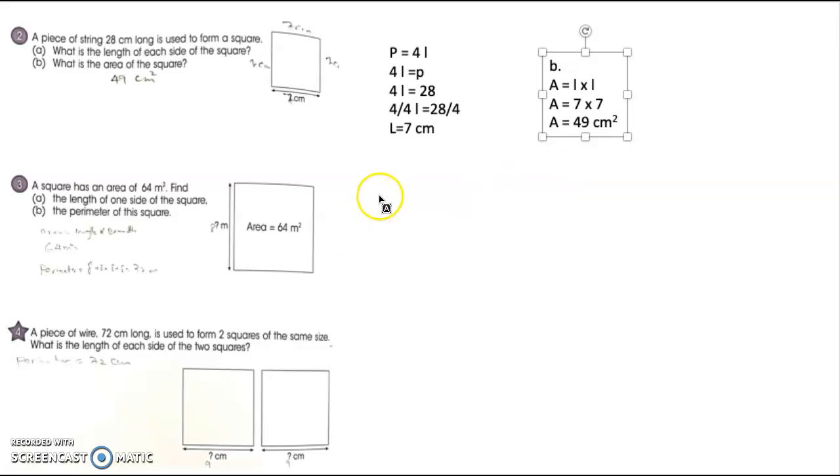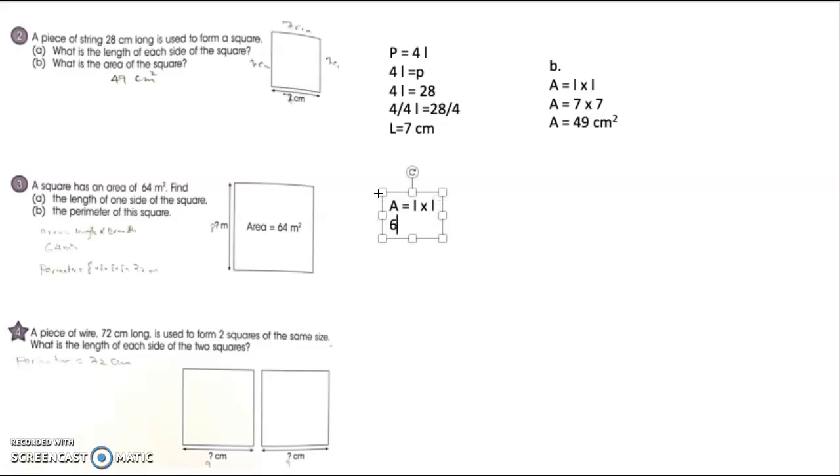Right, the square unit, because all the units in area are square units. Now look at this number. Let me do this one. Now a square has an area of 64 meters squared. Find the length of one side of the square and find the perimeter. Now this is the other way around. They have given the area and are asking us to find the length. No problem.